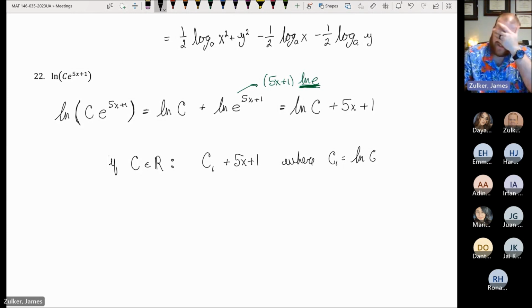We can just replace log of c with some new constant c1, right? Because if you take the log of a number, it's a real number, isn't it?